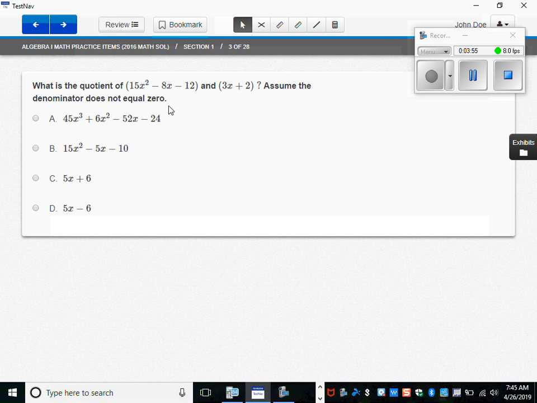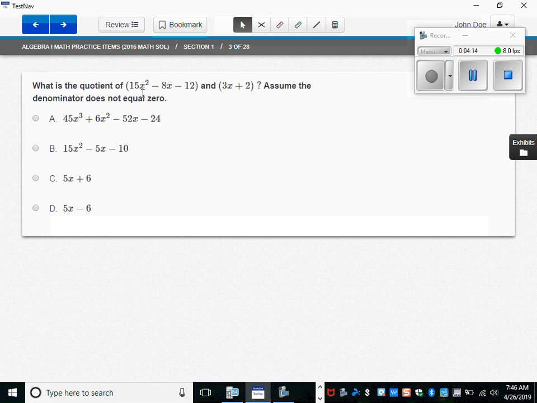Next one. So this is the one, and notice it says, what is the quotient of this expression? And quotient means what operation? Division. So it didn't even put the division symbol, but it did use the word quotient.